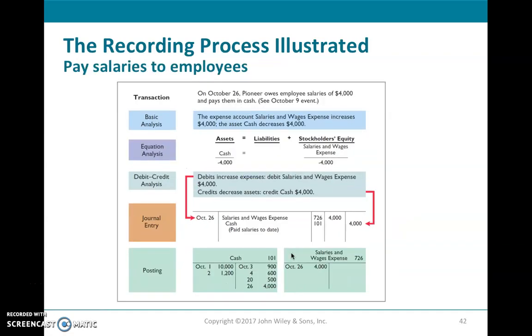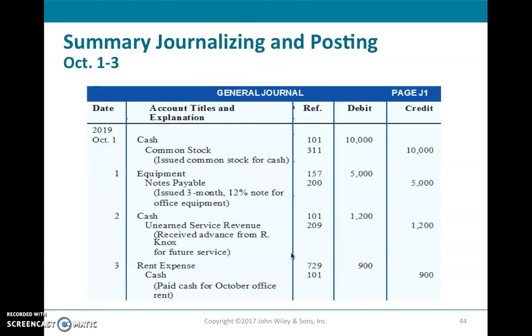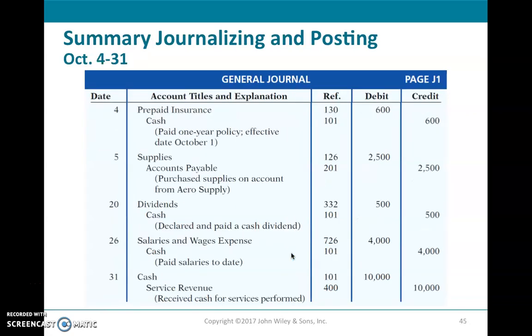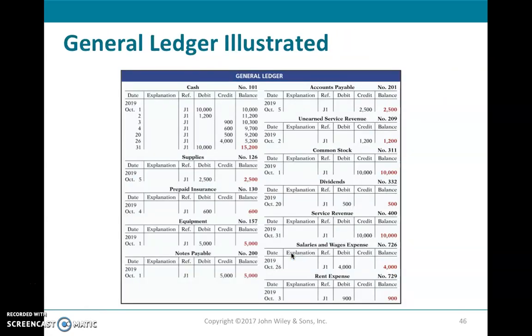Now, let's see what else I wanted to go over. So this is the general journal listing all the transactions for Pioneer Advertising in October, and eventually posting them to, in this case, a standard format account, so we can make a distinction between the T account we were using before and the standard format account.